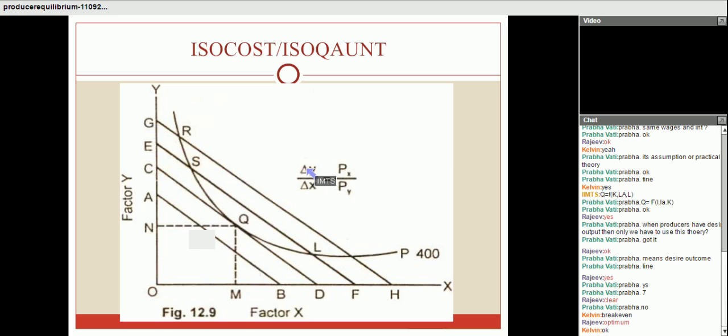Now delta y upon delta x, delta means the change. So change in factor y upon change in factor x is equal to the price of factor x upon price of factor y. Okay.